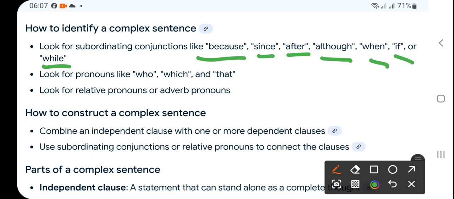And look for pronouns like who, which, that. Look for relative pronouns or adverbs, right? So these are the words actually. If one comes between two clauses, that sentence is called a complex sentence.